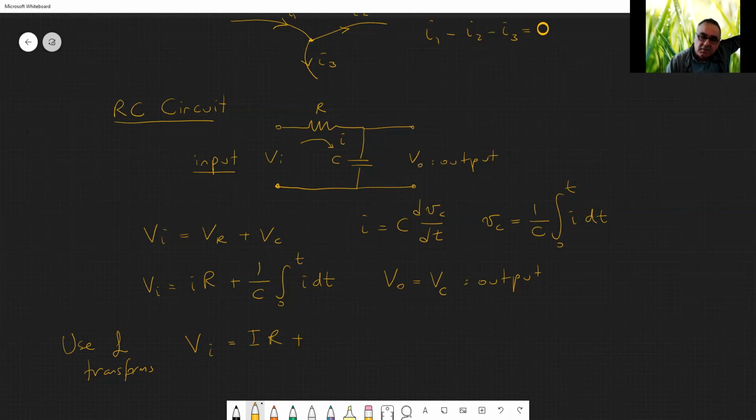The Laplace transform of an integral, as you might remember, is 1 over S. Differentiation is S, and integration is 1 over S. So it is 1 over CS times I, which we can write, factoring it in, as (1 plus CS) I.